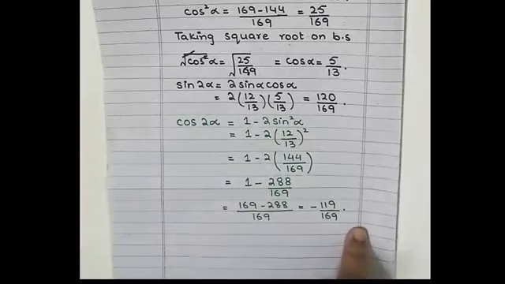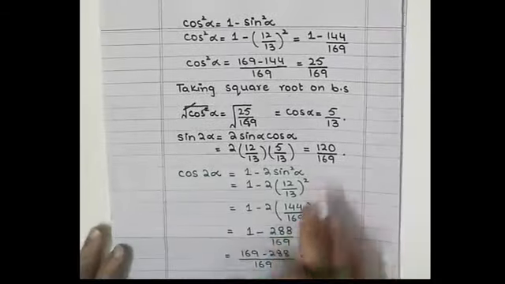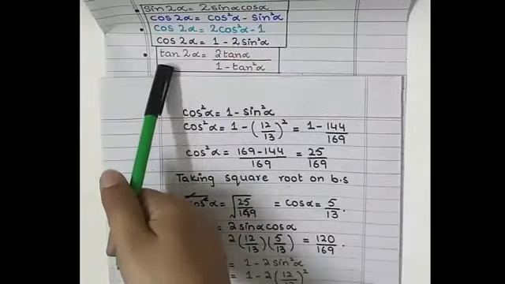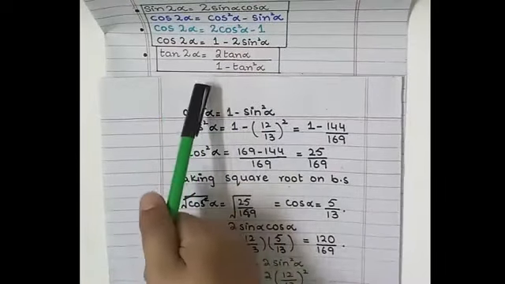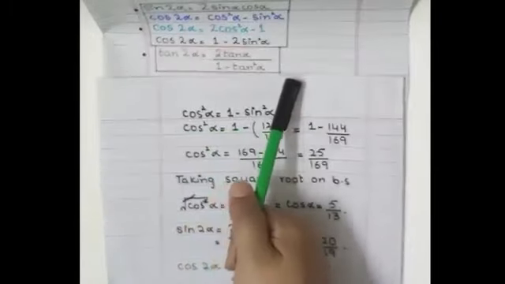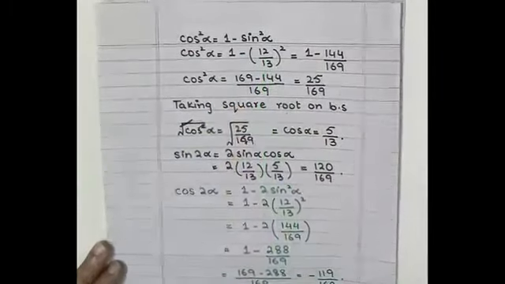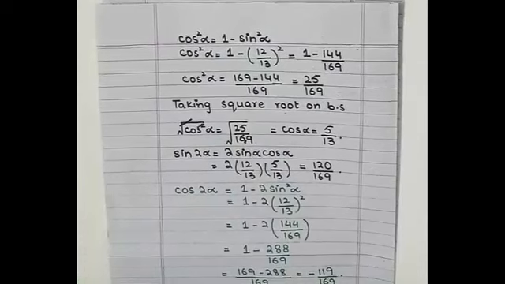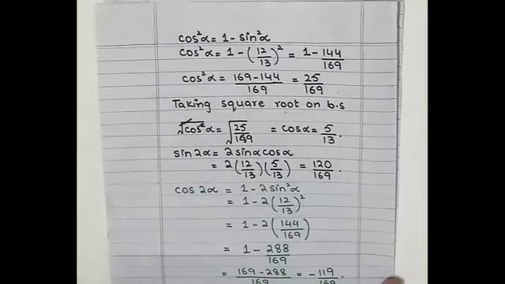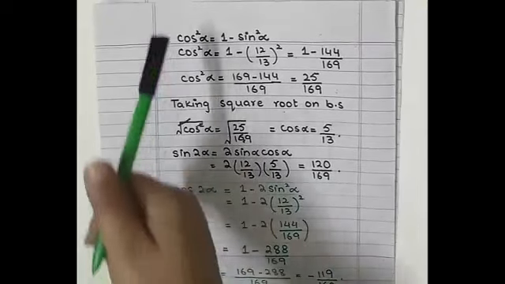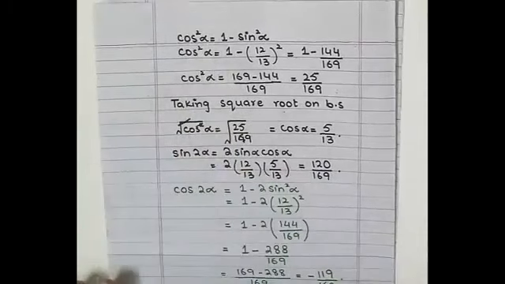Last, we have to find the value of tan 2 alpha. We can find the value of tan 2 alpha either by using the double angle identity, which is tan 2 alpha is equal to 2 tan alpha over 1 minus tan square alpha, or by using tan 2 alpha is equal to sin 2 alpha over cos 2 alpha. We will find the value of tan 2 alpha by using the double angle identity in this question.